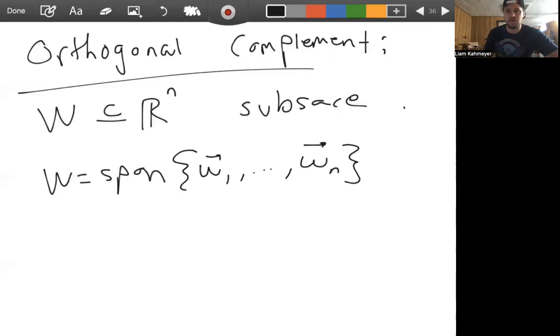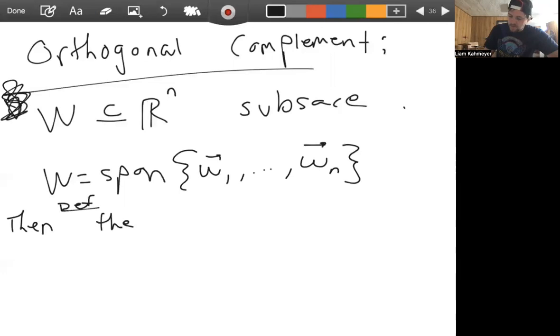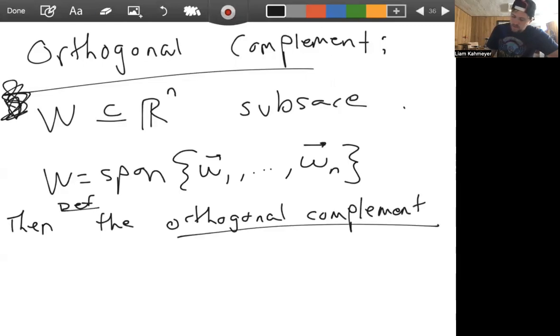So w1 through wn span this, their span makes up this subspace W. Then let's call this a definition here. Def. The orthogonal complement, and we write this as W perp. You read it W perp.